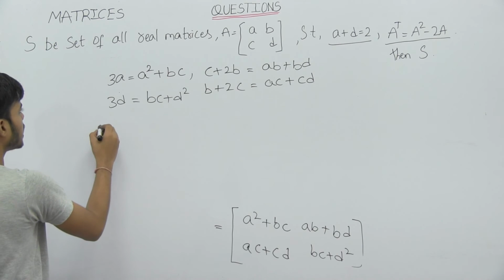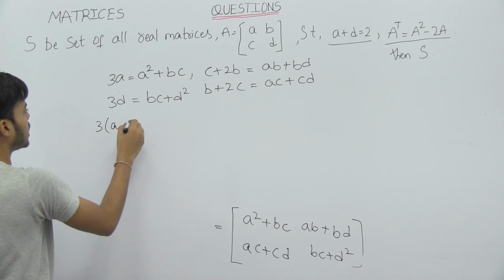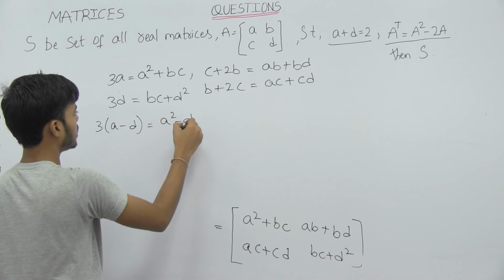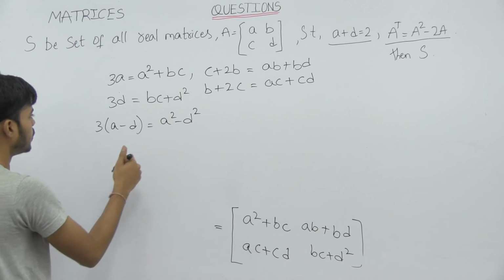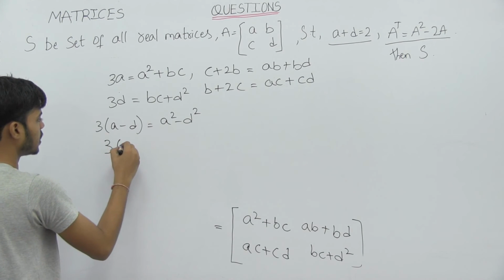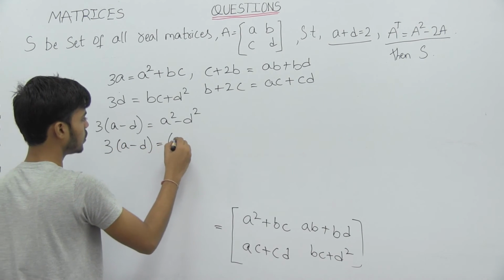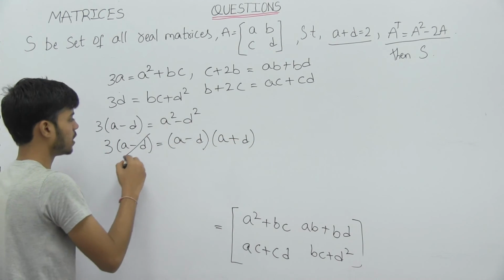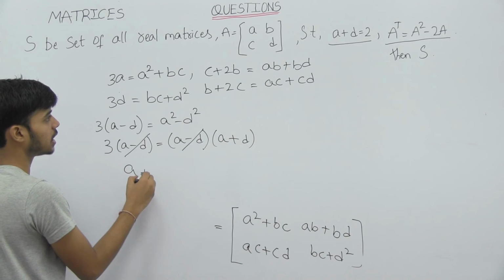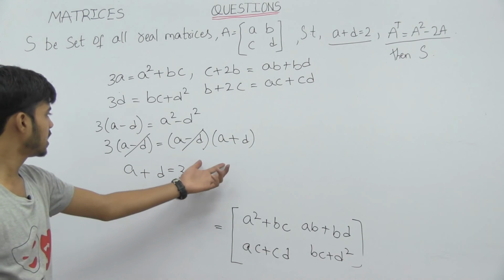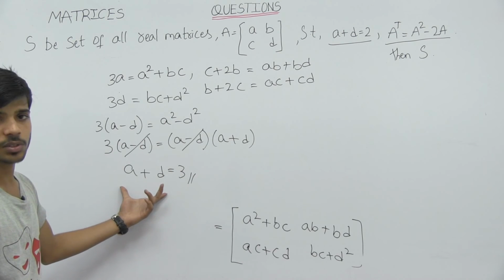So if we subtract, we have 3 into a minus d is equal to a square minus d square, which would be a plus d into a minus d. That would give us 3 into a minus d is equal to a minus d into a plus d. This gets cancelled. A plus d is equal to 3. So the first condition we get is a plus d is equal to 3.